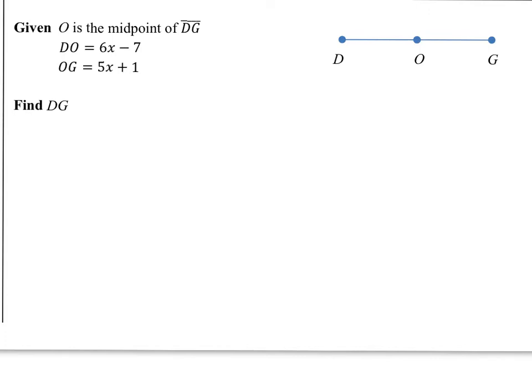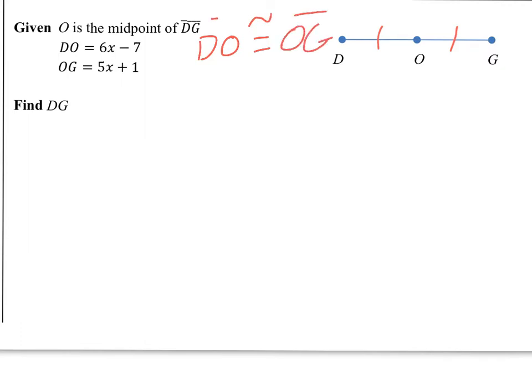Well, if O is the midpoint, that means that the two segments, DO and OG, are going to be congruent. All right, so we've got that DO is congruent to OG.